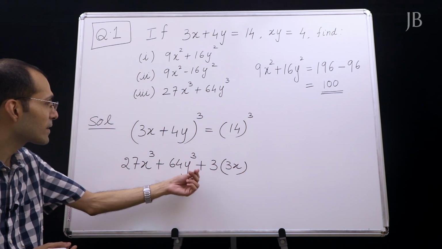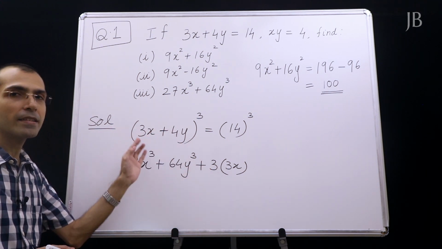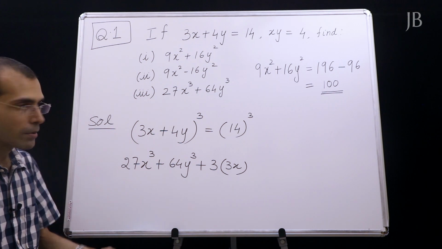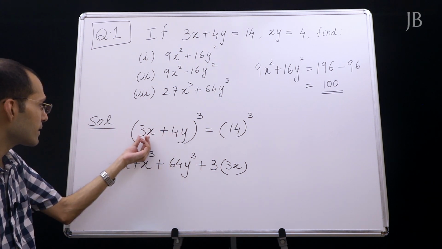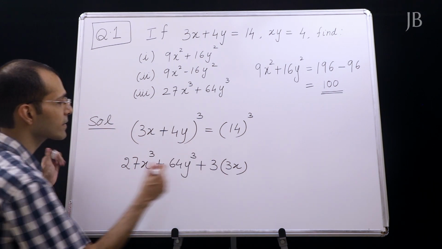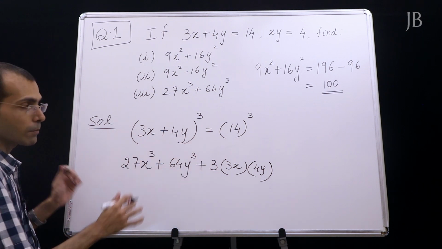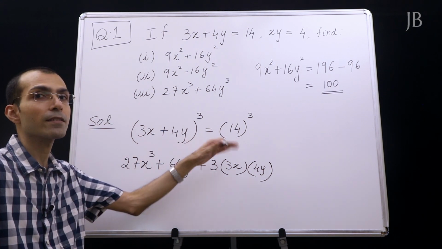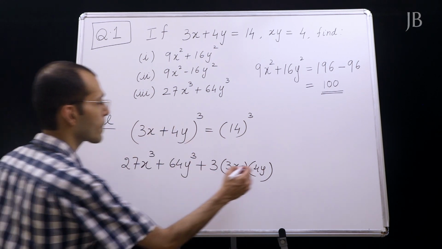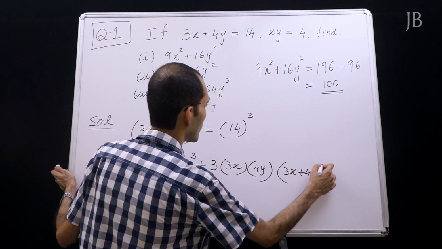It will be plus 3 times first term into second term. When it is a and b, we write 3ab. But now there is no a and b. It is 3x and it is 4y. So it is plus 3 into 3x into 4y. This is of paramount importance. Most of the students write here plus 3xy, which is naturally wrong. Into 3x plus 4y. 14 cube.